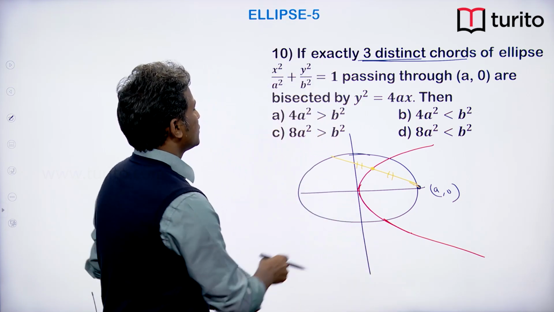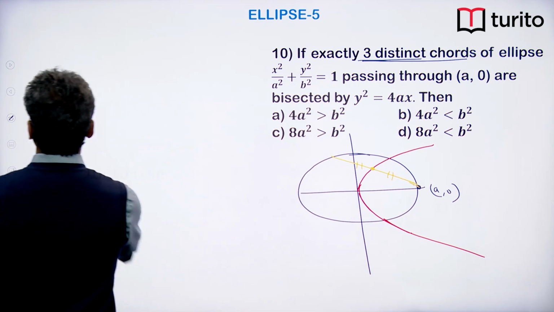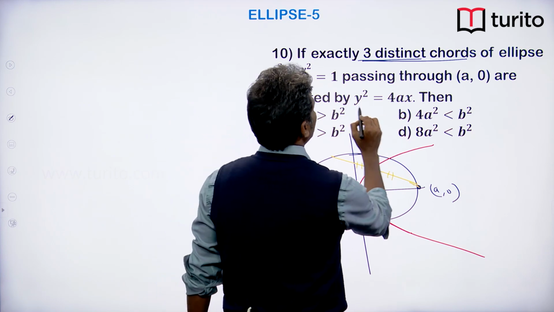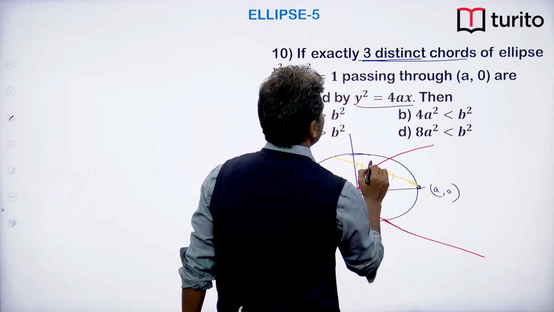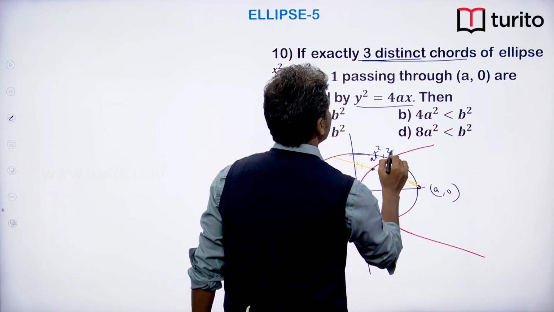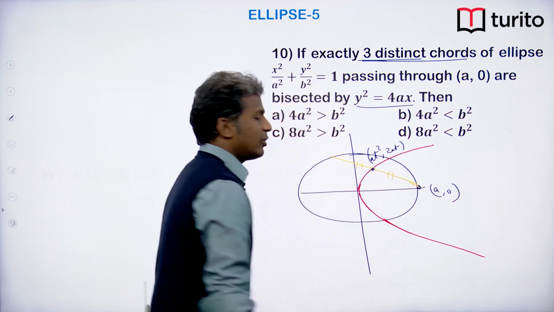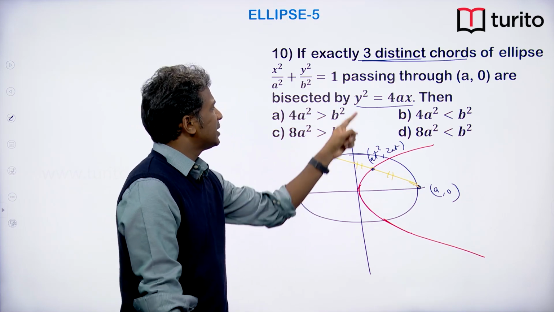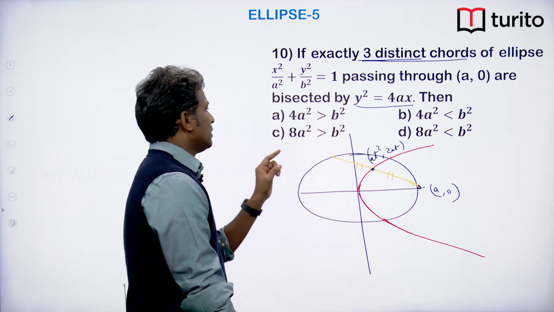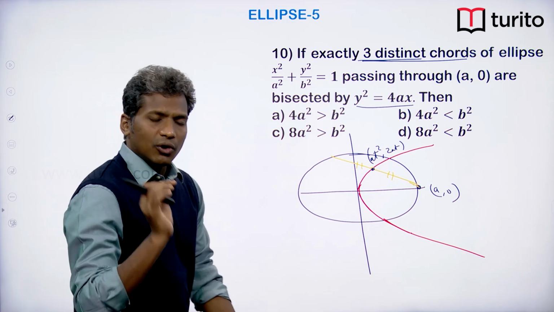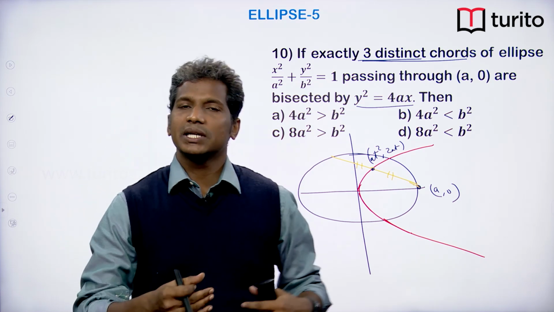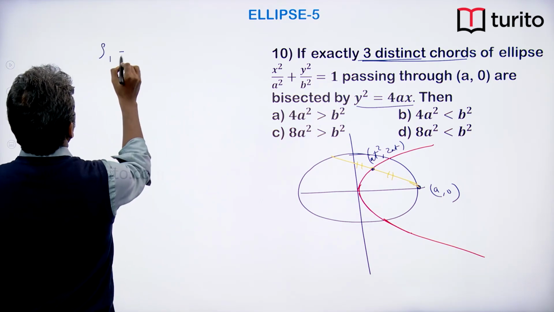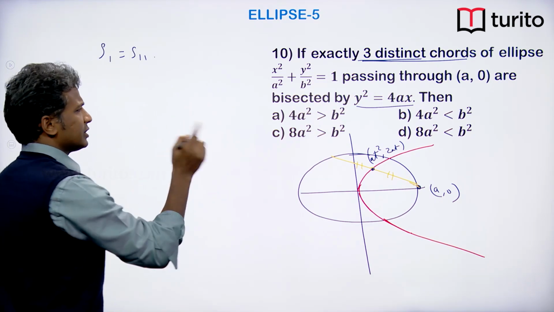Okay. So, what do we see here? Let us say I take one point on this as (at square, 2at), because in general any point like this lies on the parabola. This is the parametric form of the parabola. Now, what is the equation of the chord if the midpoint is given? It is S1 equal to S11. So, here when we apply this equation, we will get the equation of the chord.